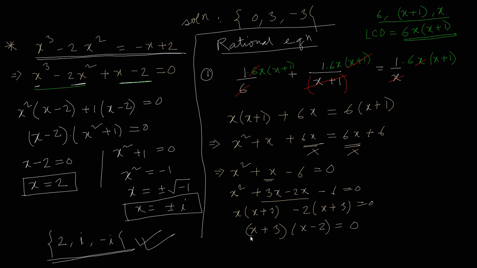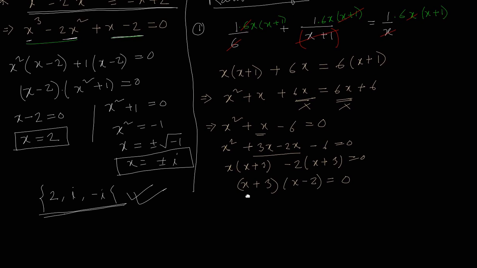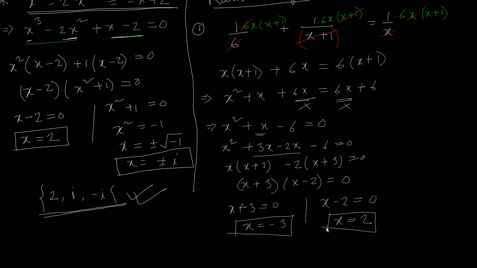Okay, so I can write here x plus 3 equals 0 and x minus 2 equals 0. So I get x equal to negative 3 and x equals 2. So I have two probable solutions. What are my two probable solutions?